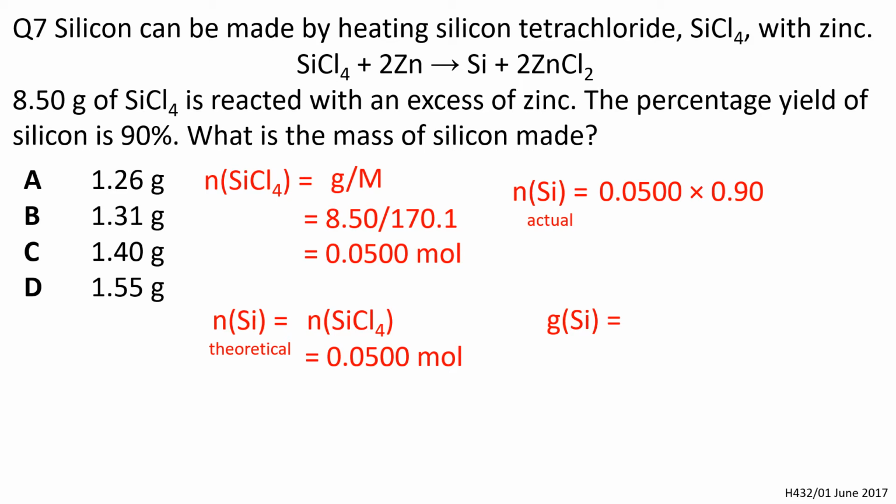Actually though, we only achieved 90% of that, so the actual amount in moles is 90% of 0.0500, and then the mass of silicon is equal to the number of moles times the molar mass, which is going to be equal to 0.045 multiplied by 28.1, the molar mass of silicon, and that should work out to be 1.26 grams.